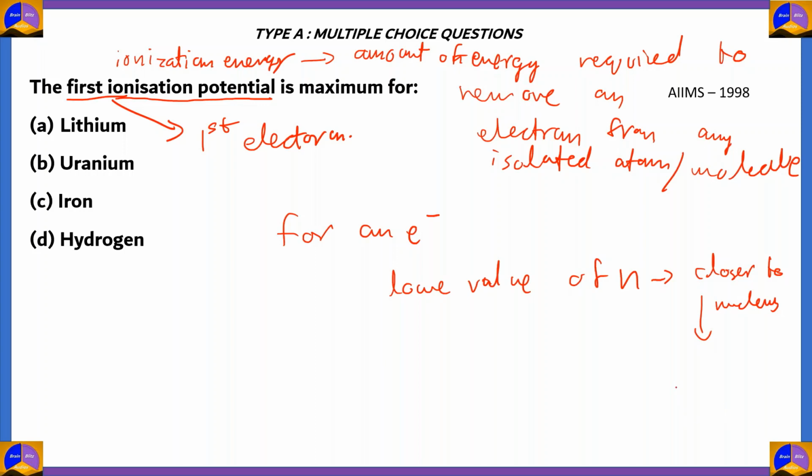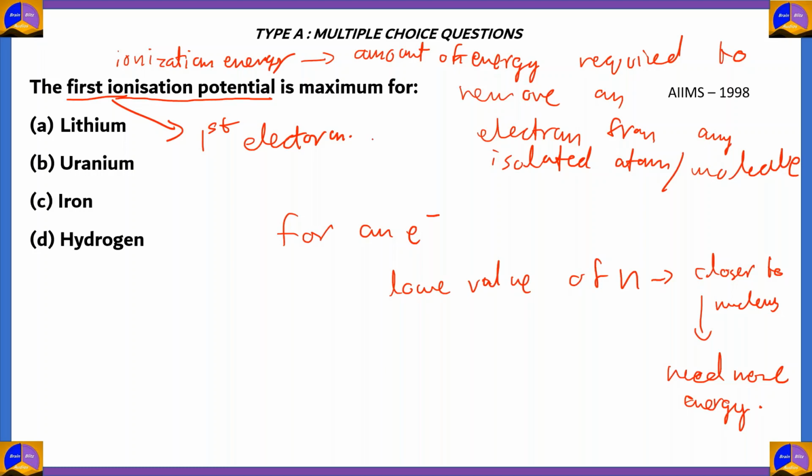So it requires more energy to be ionized. So the first ionization potential will be high if the value of n is lower, because lower values imply that the electron is closer to the nucleus.